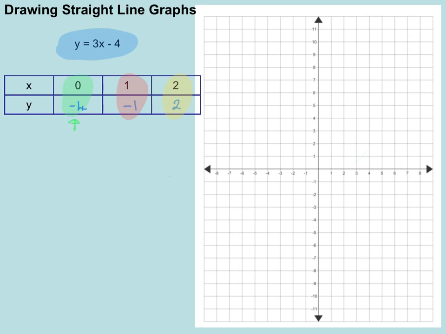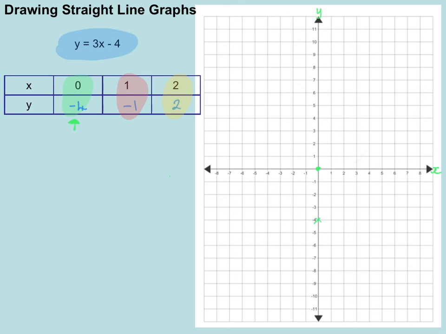I'm going to take my first coordinate from here, 0 and minus 4. I've just noticed my graph needs its x and its y-axis labelled again. Right, 0 minus 4. So starting at where the x and the y-axis cross over, again remember, that's called the origin, I'm going to go along nothing and down to minus 4 and put my cross in.